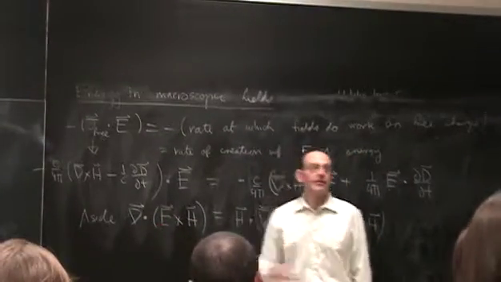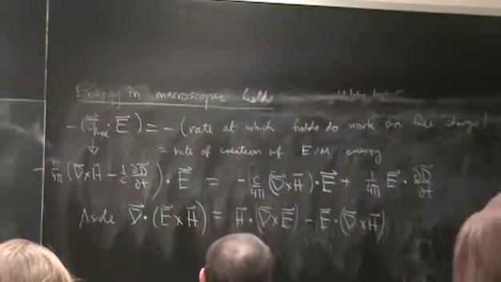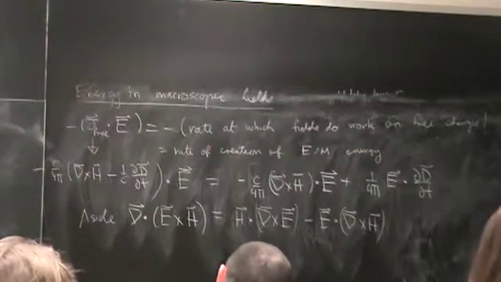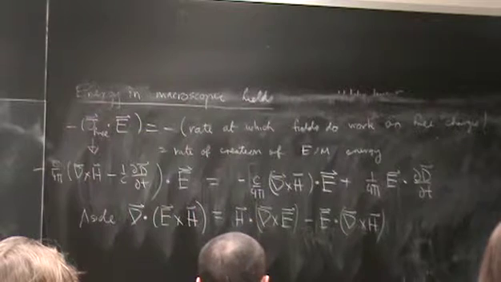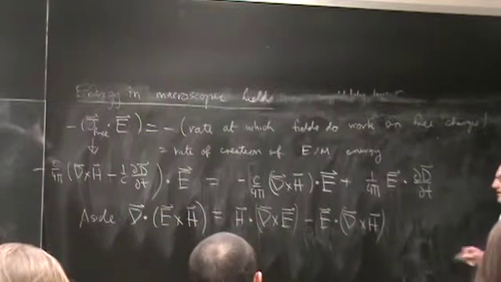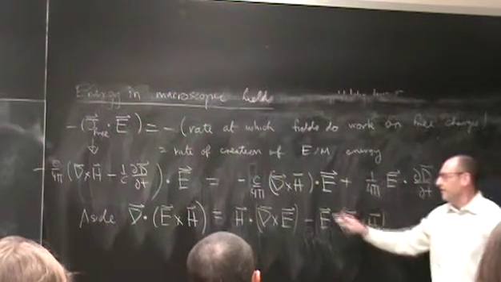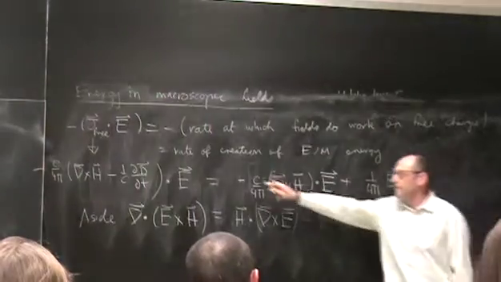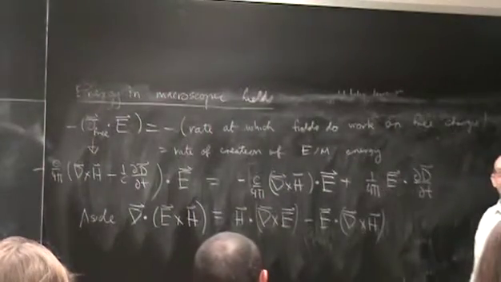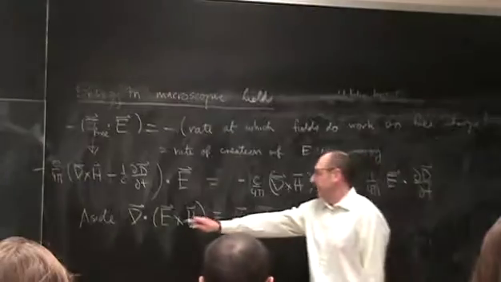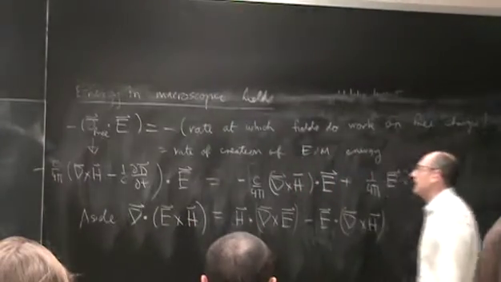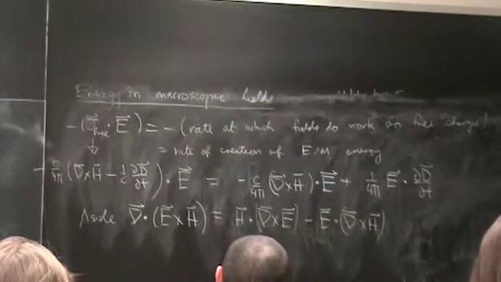Write out the tensor notation, repeat it in the indices. I know you love it. So now we can plug in: we have E dotted into del cross H with a minus sign is equal to this minus that.